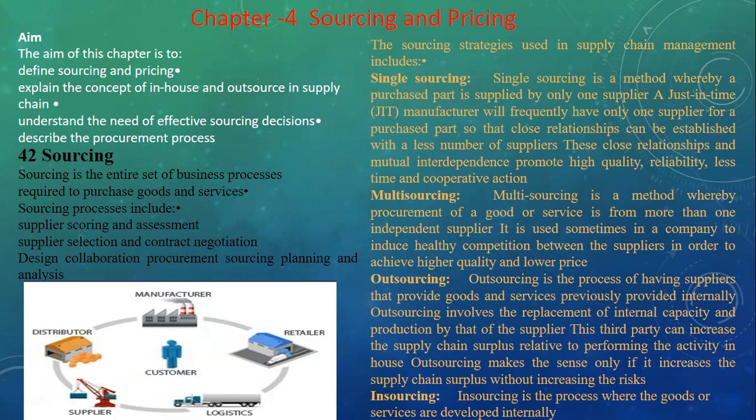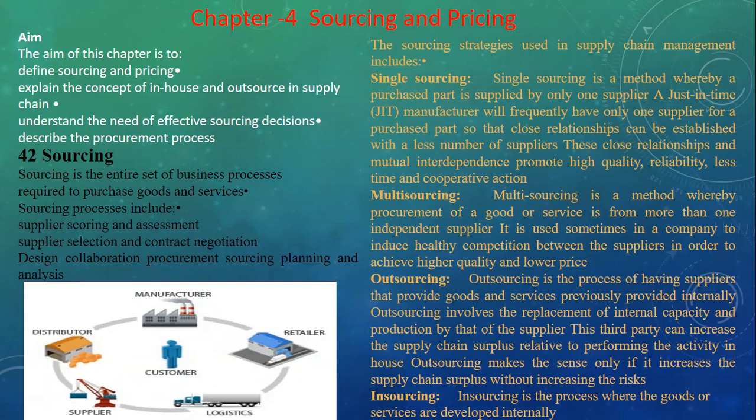After selection comes the process of contract negotiation. Contract negotiation is the negotiation of the pricing of the goods or services which we are going to purchase. So contract negotiation is very important.